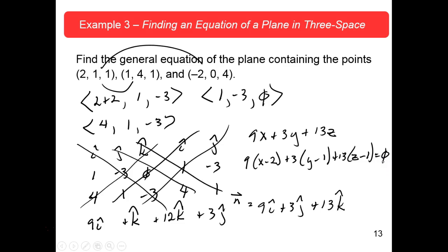Okay, that comes from your cross product. And so what you do here, you've got your 9x plus 3y plus 13z, and then you've got minus 18, minus 3, minus 13, minus 31, minus 34. I did it fast in my head.